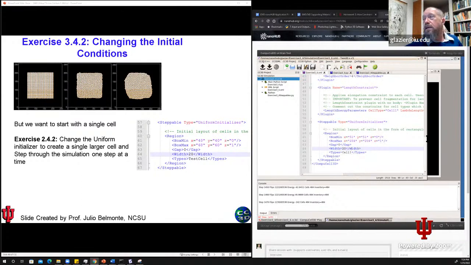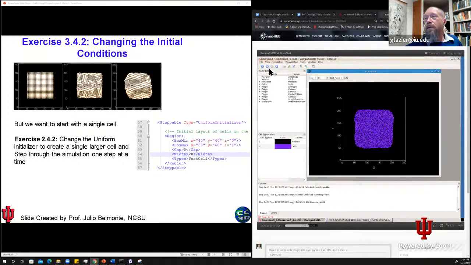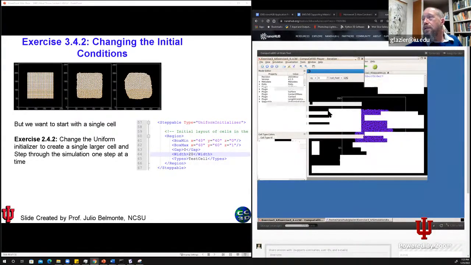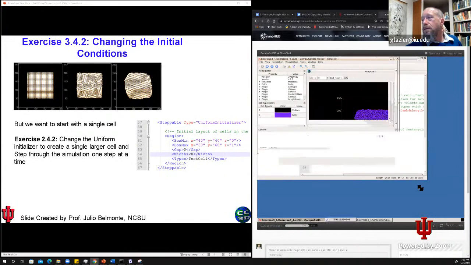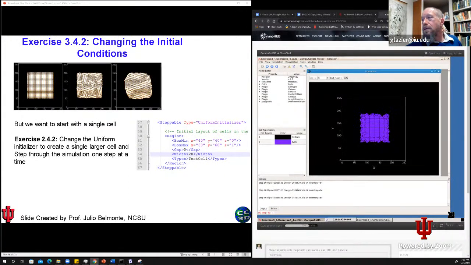If I save that and now run that, let's see if maybe it'll crash on me now. No. So stop. Notice the initial cells were bigger.